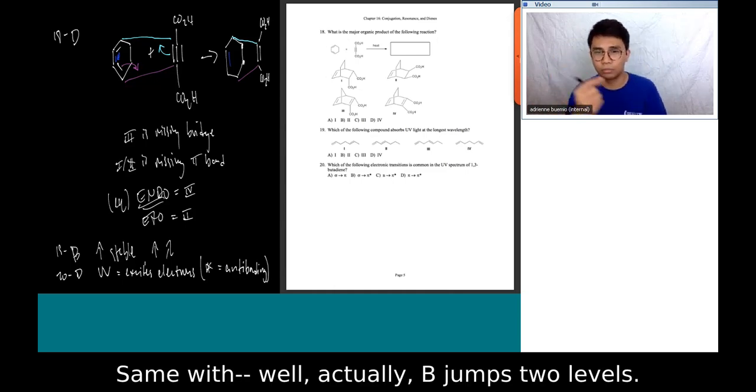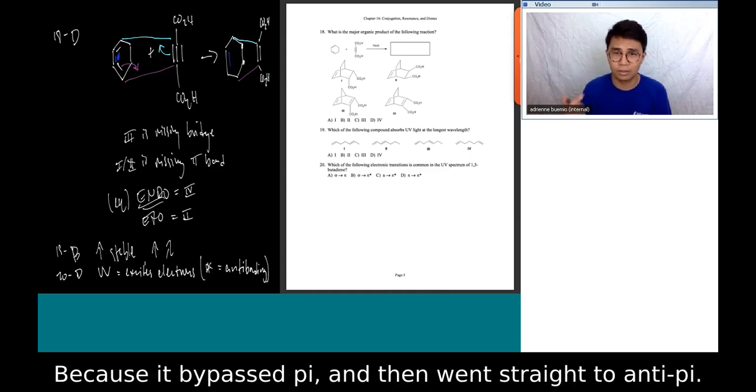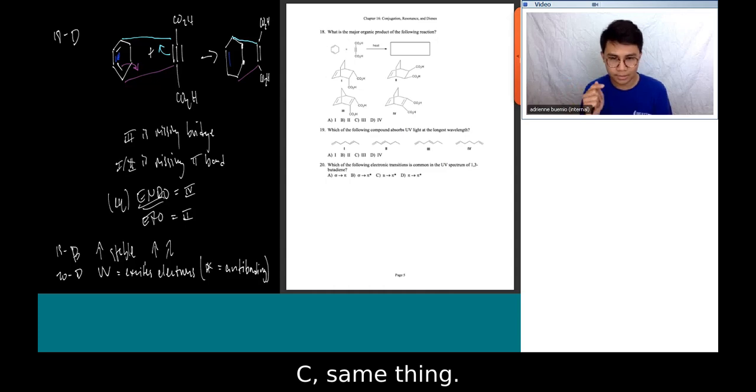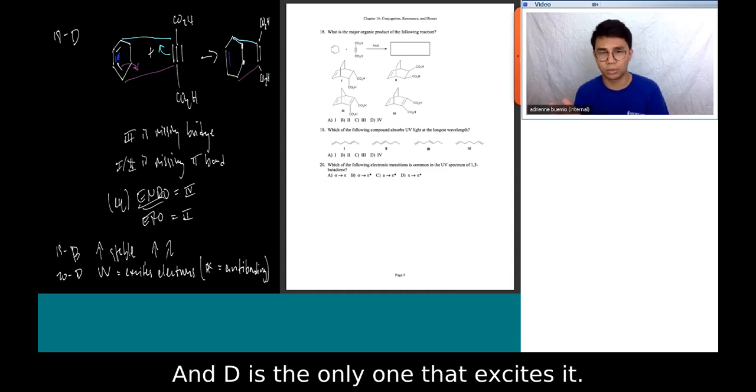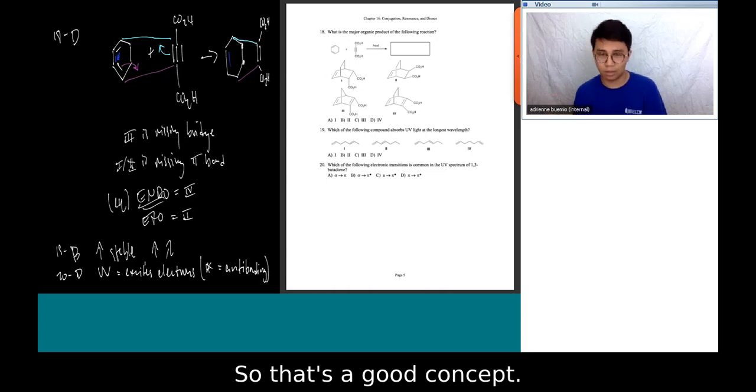B actually jumps two levels because it bypassed pi and went straight to anti-pi. C is the same thing. And D is the only one that excites it, right? So that's a good concept.